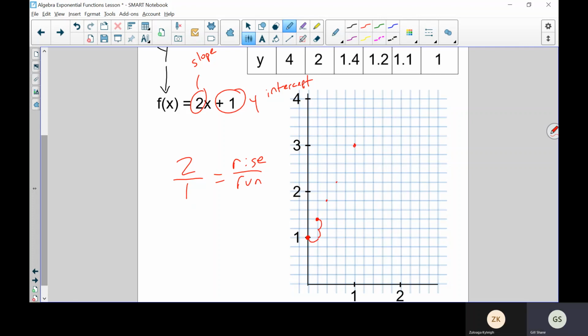Because I went over all the way to 1, that's over 1, and then up 2 would be right there. If I just keep doing this pattern, I still land on the same spot. It doesn't matter. So don't worry about that. It'll work itself out. It does, as long as you're going over 1 and up 2, regardless of what the units are, you'll get to the same spot.